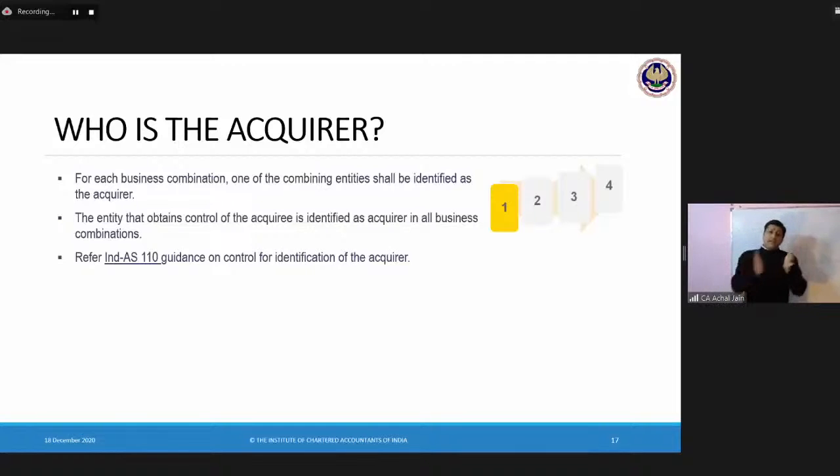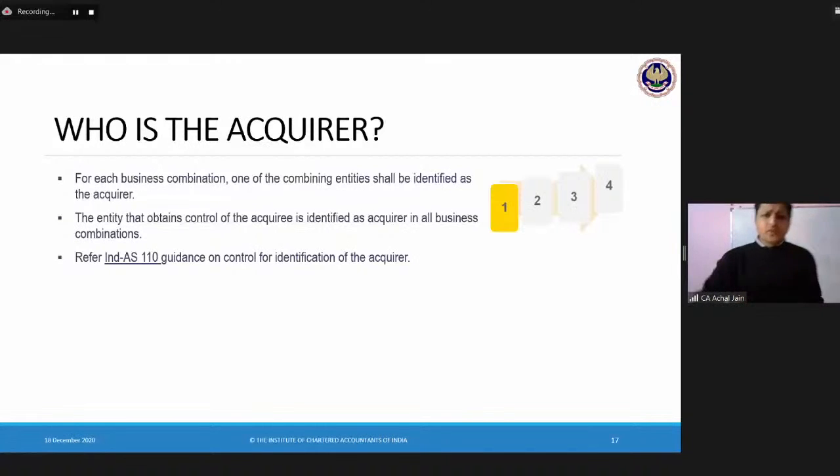Now, whenever any acquisition takes place, we have to assess which of the two parties involved in the acquisition is getting the control. The party which gets control over the other party will be considered the acquirer for the purposes of doing acquisition accounting.